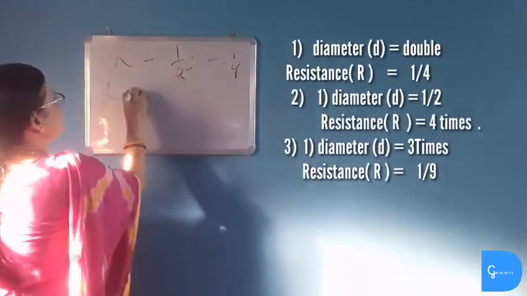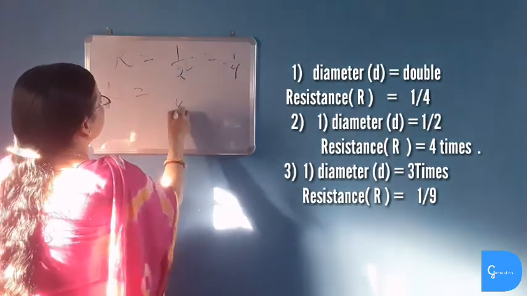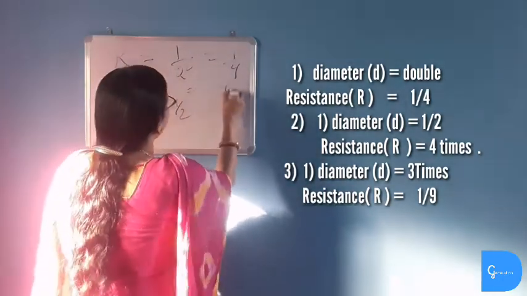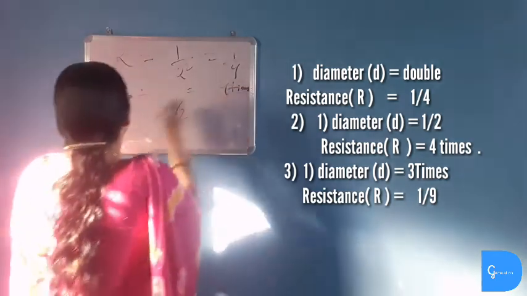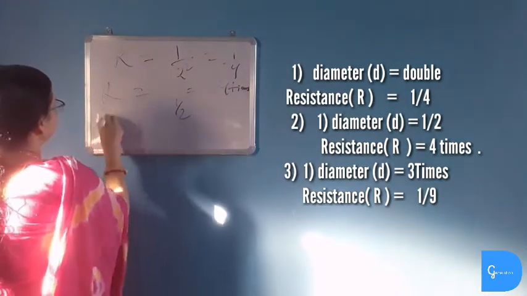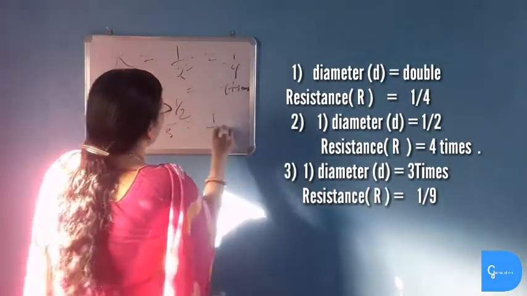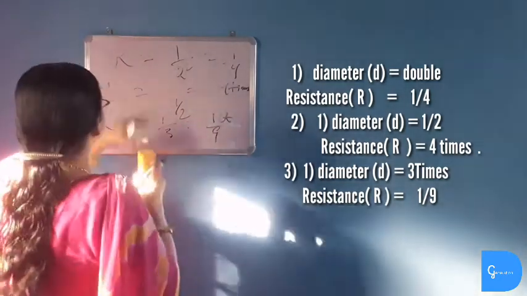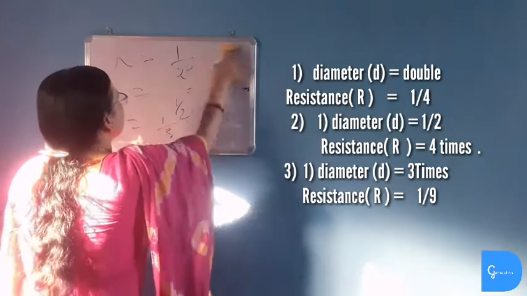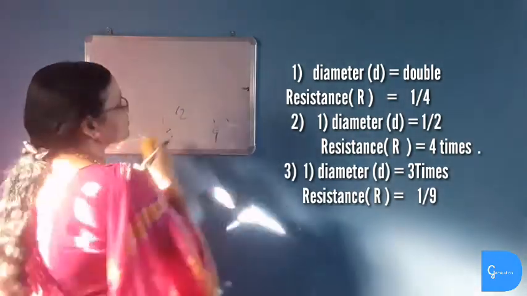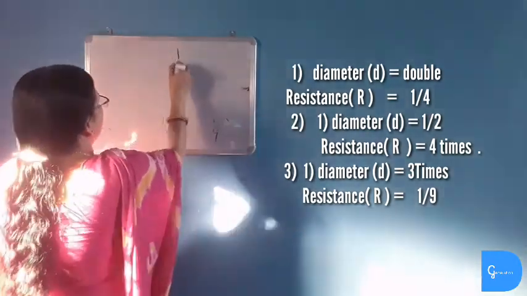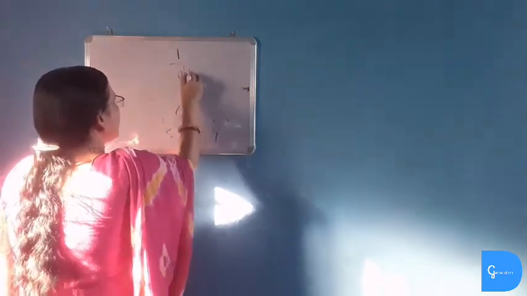Resistance becomes 1/4, and when diameter is half, then resistance becomes 4 times. And when diameter is triple, then what happens? Resistance becomes 1/9. So resistance of the conductor is inversely proportional to the square of its diameter.